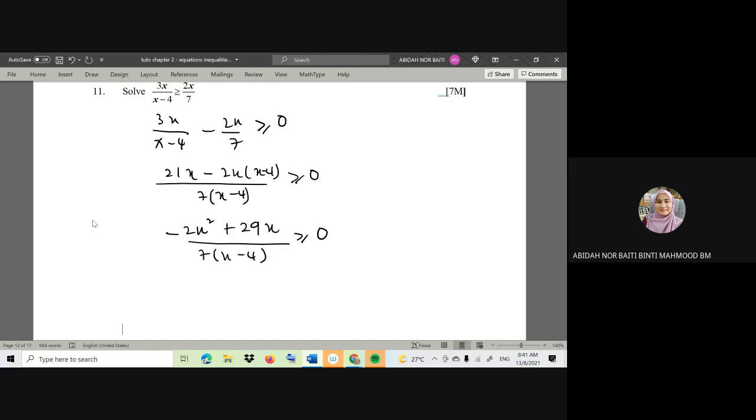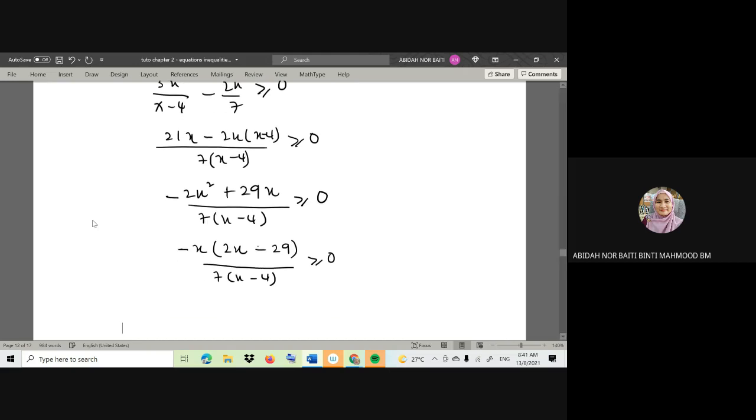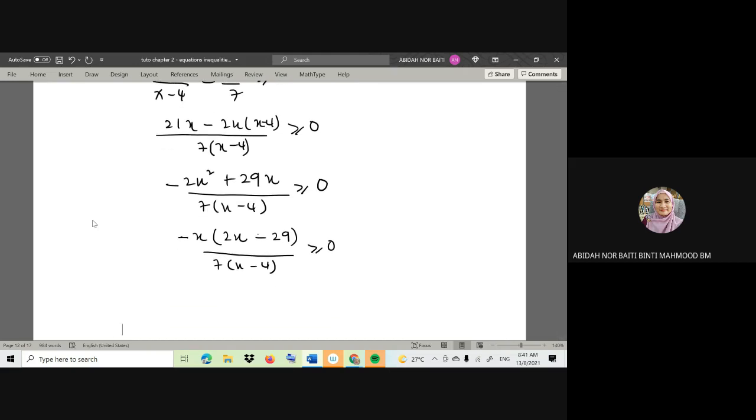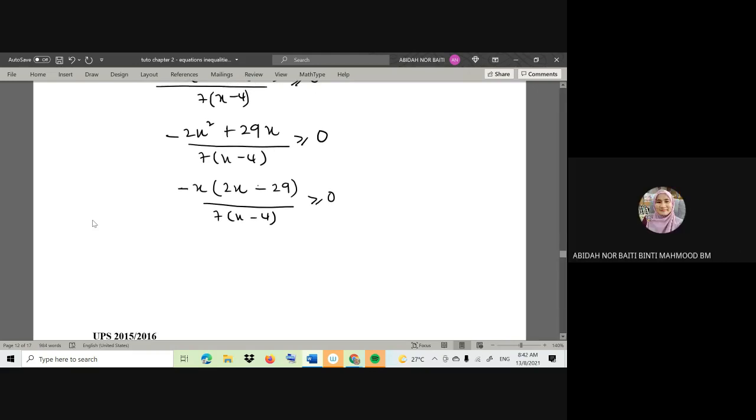Take out the negative, leaving 2x minus 29. Is my factorization correct? Try expanding back, you get the same as above, negative, positive, right? After we factorize, we determine the value of x. So the values of x for the numerator are 0 and 29 over 2.